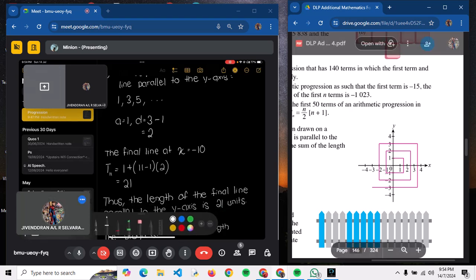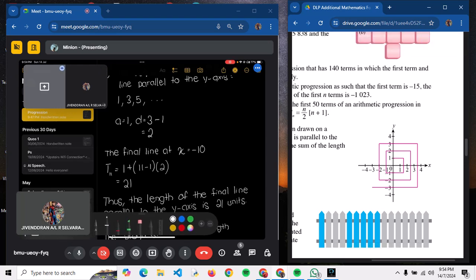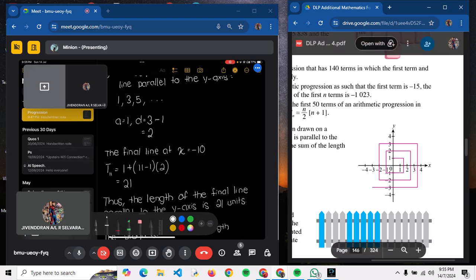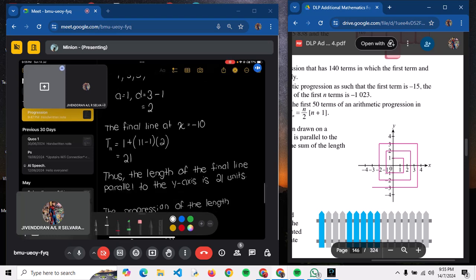Okay, we are using T11 because the n is 11, right?